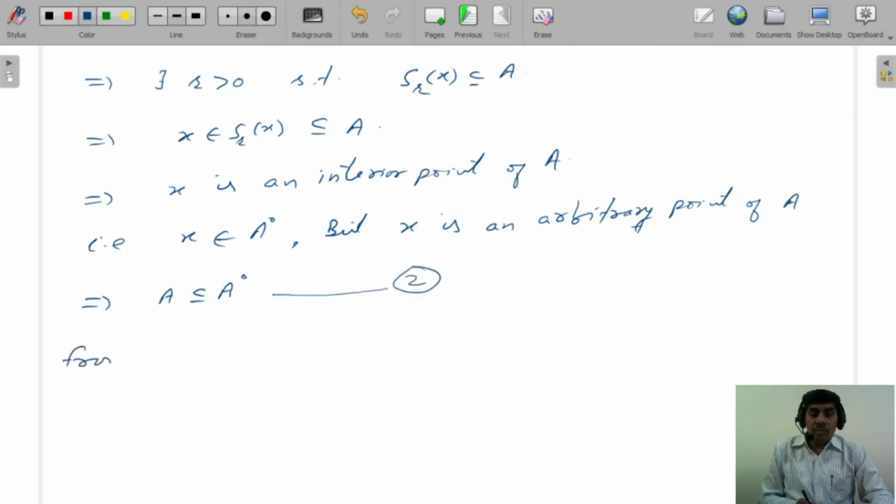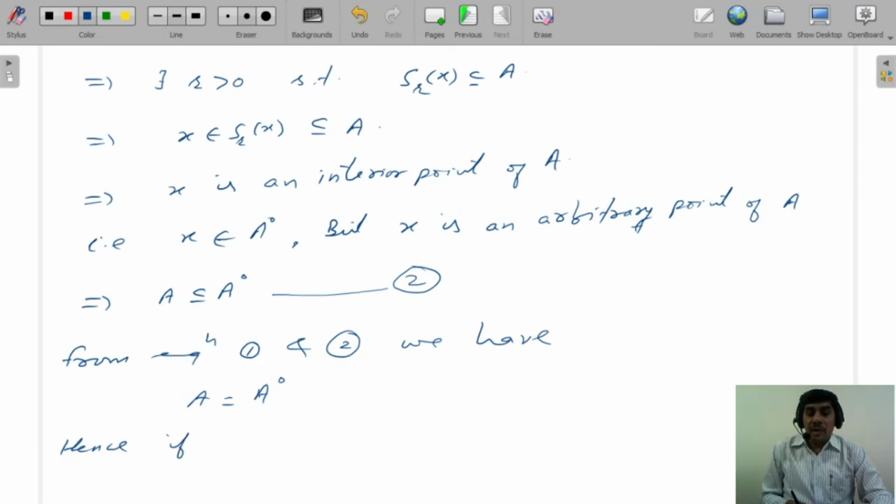From equation 1 and 2, we have A is equal to A interior. Hence, if A is open, then A is equal to A interior.